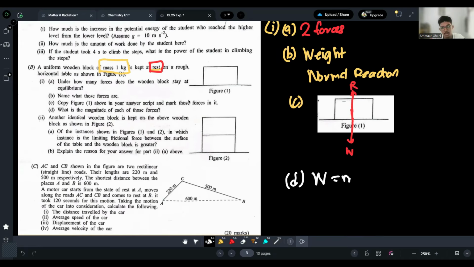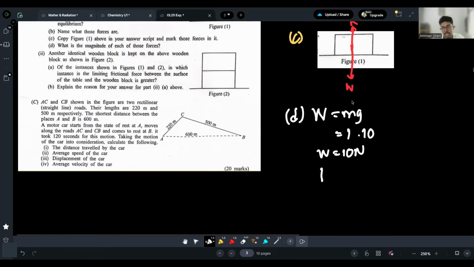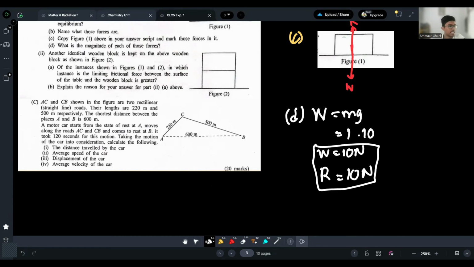Weight equals mg, no? Mass is 1, g is 10, so weight is 10 Newton. If the weight is 10 Newton, the normal reaction would obviously be 10 Newton because the object is at rest or in equilibrium. So weight is 10 Newton. Normal reaction is 10 Newton.